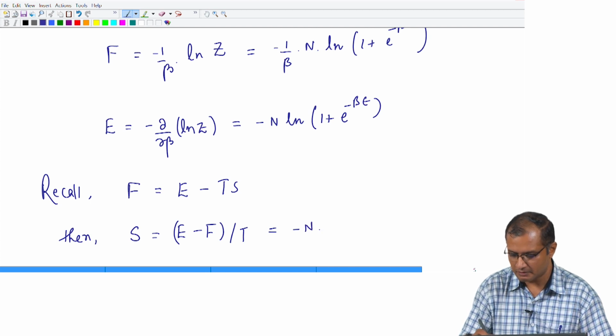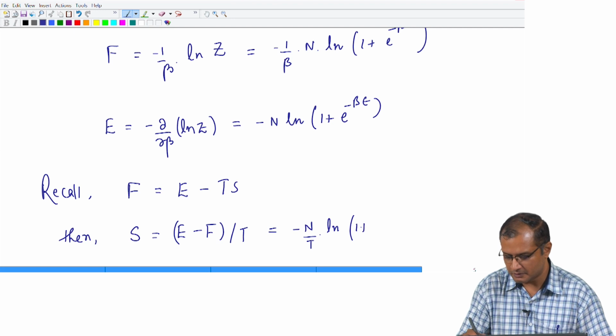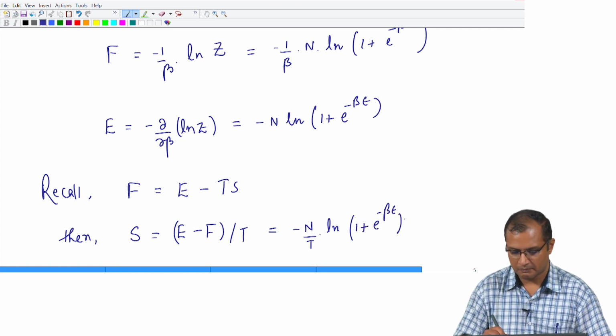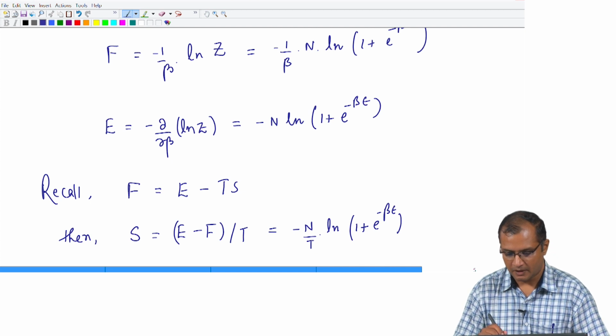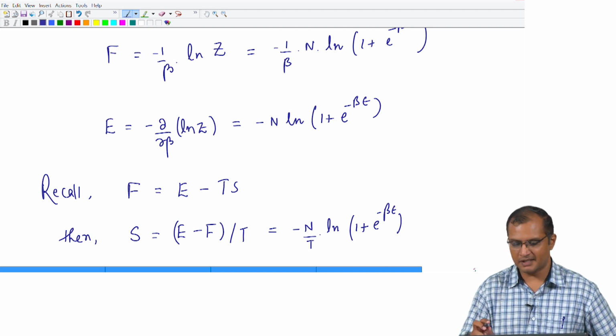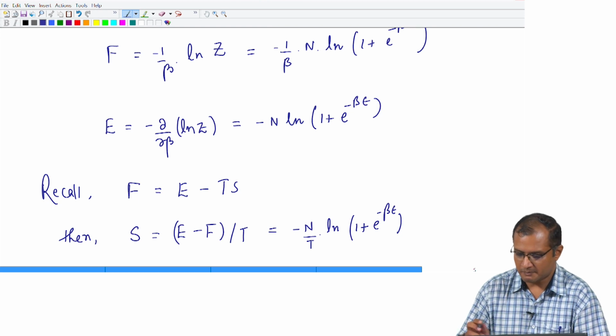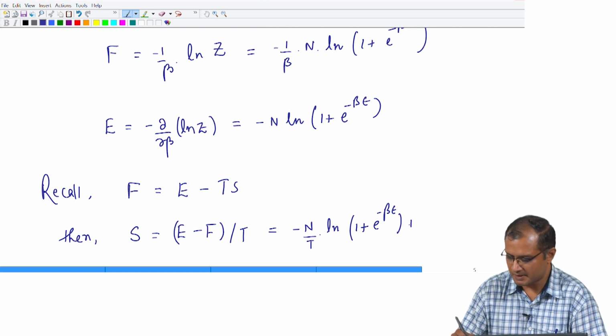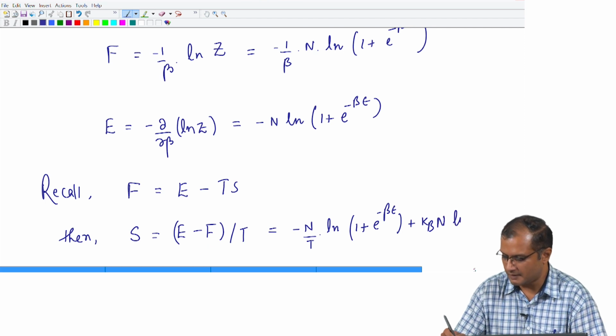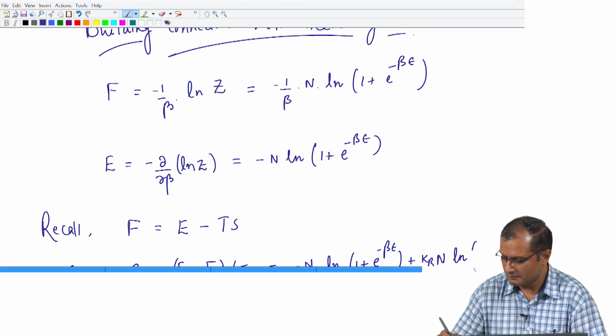minus N by T into ln 1 plus e raised to minus beta epsilon, okay, and minus F by T would simply be plus k_B N ln 1 plus e raised to minus beta epsilon.